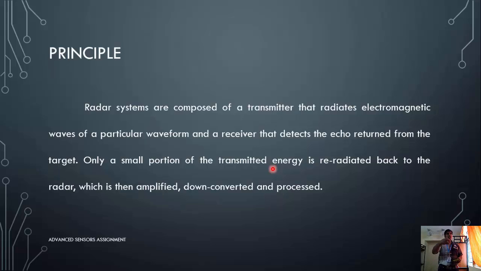Whenever the object touches the waves, they reflect like an echo and the receiver receives it. Only a small portion of the transmitted energy is re-radiated back to the radar, which is then amplified, down converted and processed to give output.